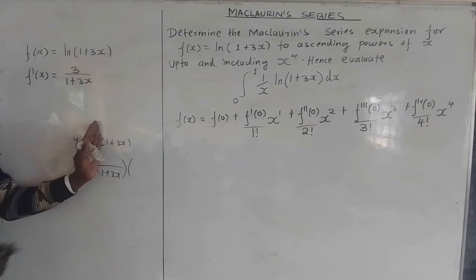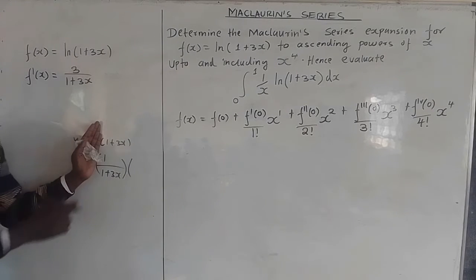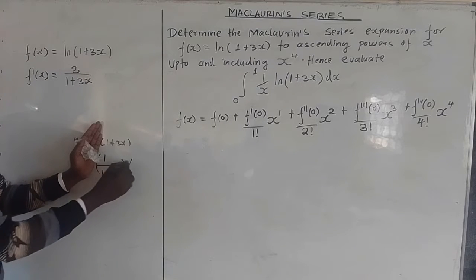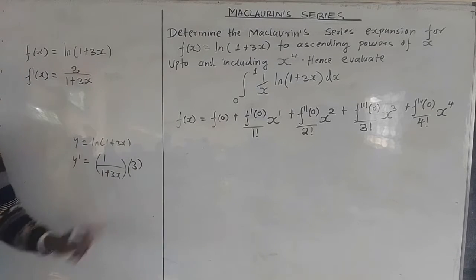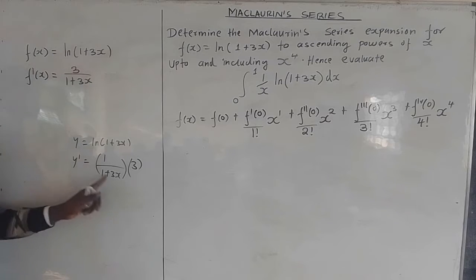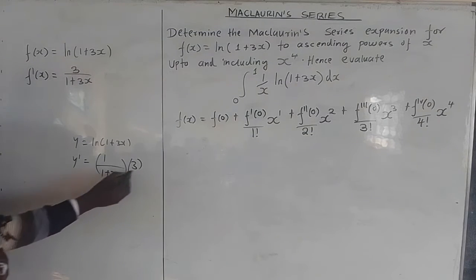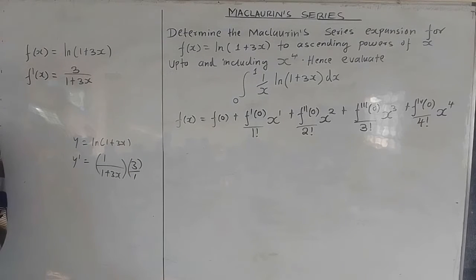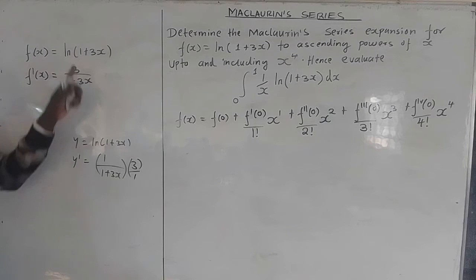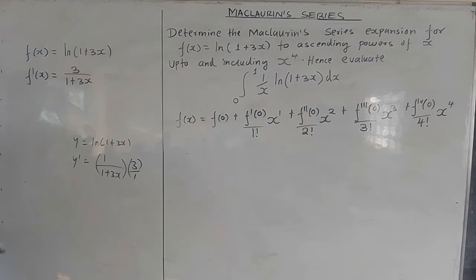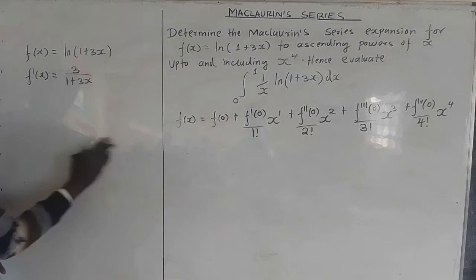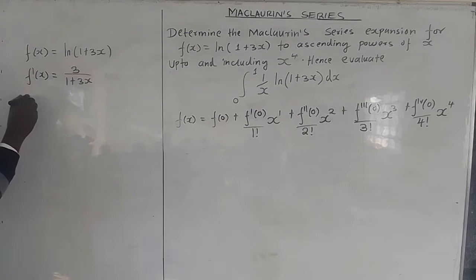So the inner function, if you differentiate 1, you get 0. If you differentiate 3x, you get 3. So if you multiply 1 over 1 plus 3x by 3, you get 3 over 1 plus 3x. Are we together? So that is how to differentiate the natural log.